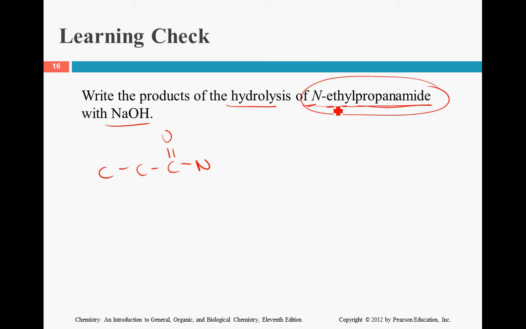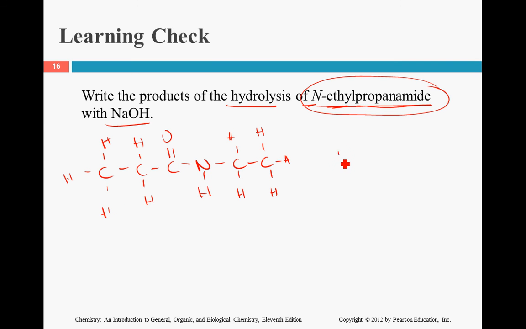It says N-ethyl, which means we have an ethyl group coming off of that nitrogen, which means we have another hydrogen here because nitrogen needs 3 bonds. Each carbon needs 4. So we need 2 more for this carbon. We need 3 more for this carbon. This carbon in the middle already has 4, so we go to the left, and that needs 2 more hydrogens. And this carbon needs 3 more hydrogens. So that is our starting reactant.